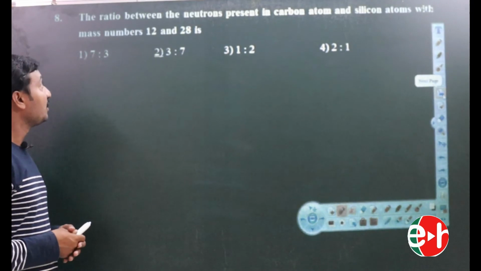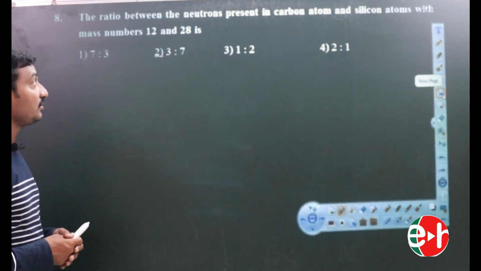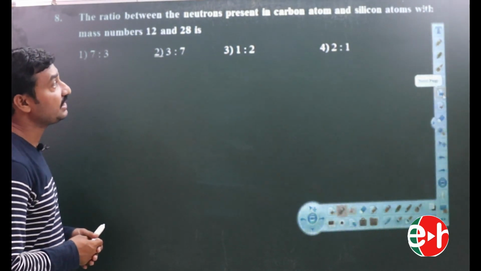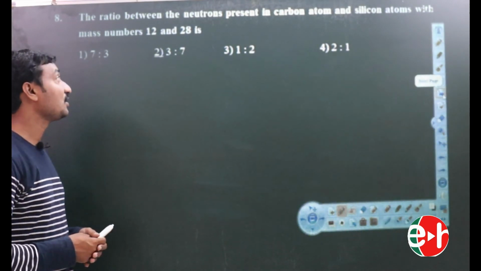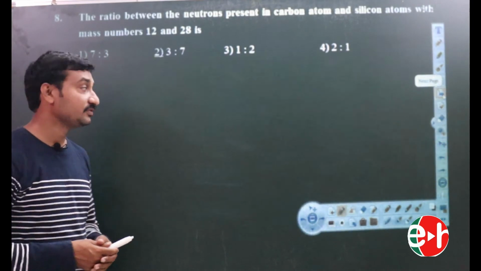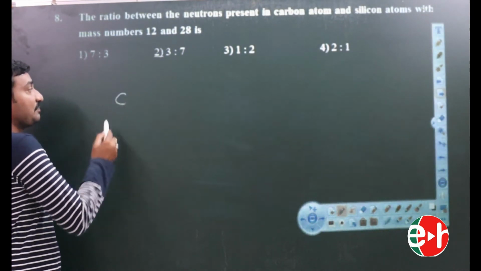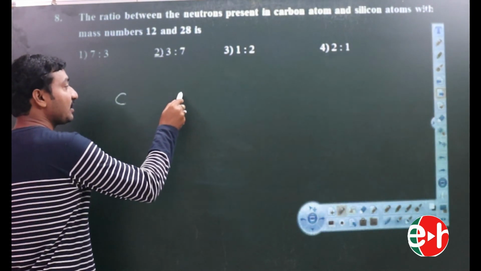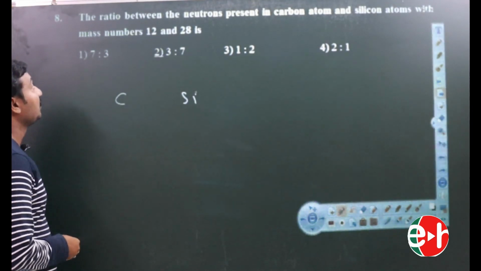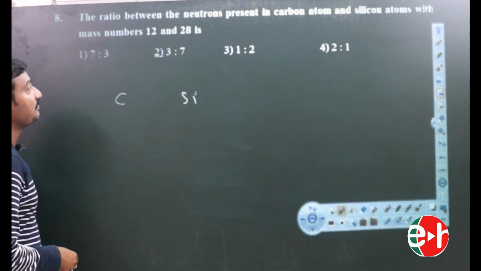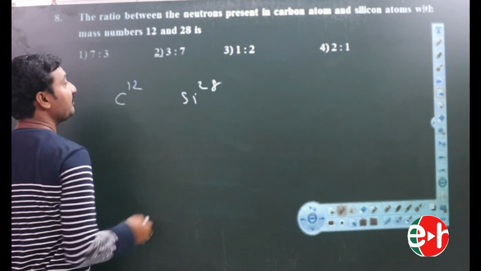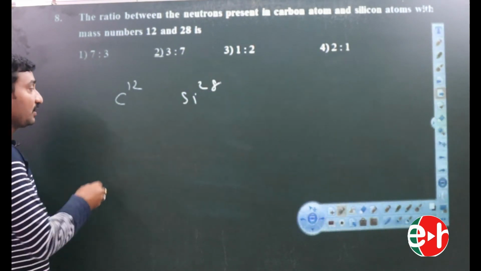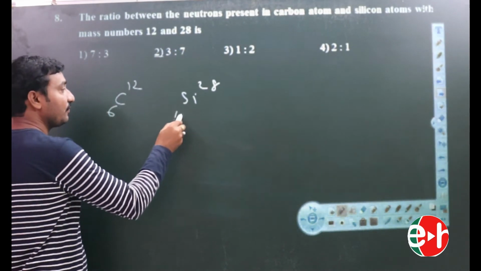See this: the ratio between the neutrons present in a carbon atom and a silicon atom with mass numbers 12 and 28. Mass numbers are given. Carbon mass number 12, silicon mass number 28. We know atomic number of carbon is 6, silicon 14.